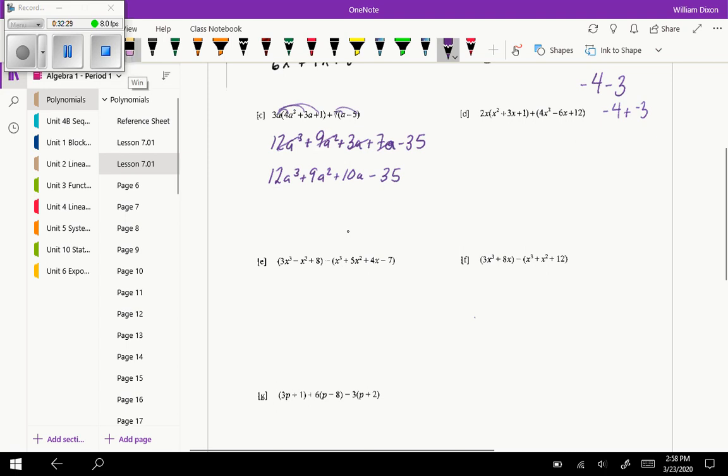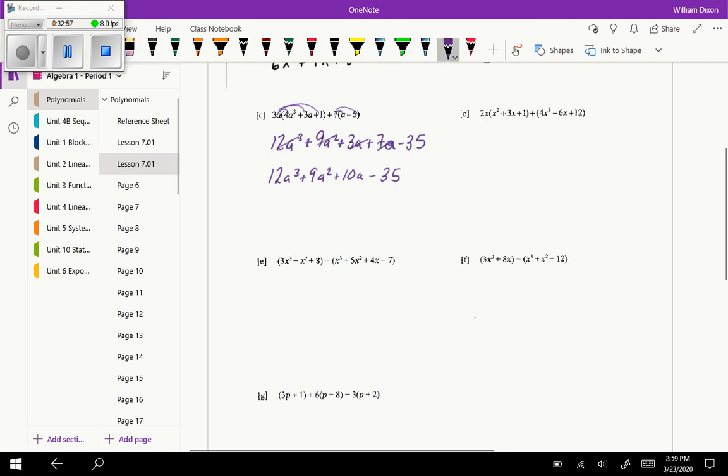Why is that important? Well, this minus here, which is really minus 1, gets distributed to every term in the parentheses. Very, very important. That negative 1 gets distributed to every term inside the parentheses. I'm going to erase that just so that we can see.